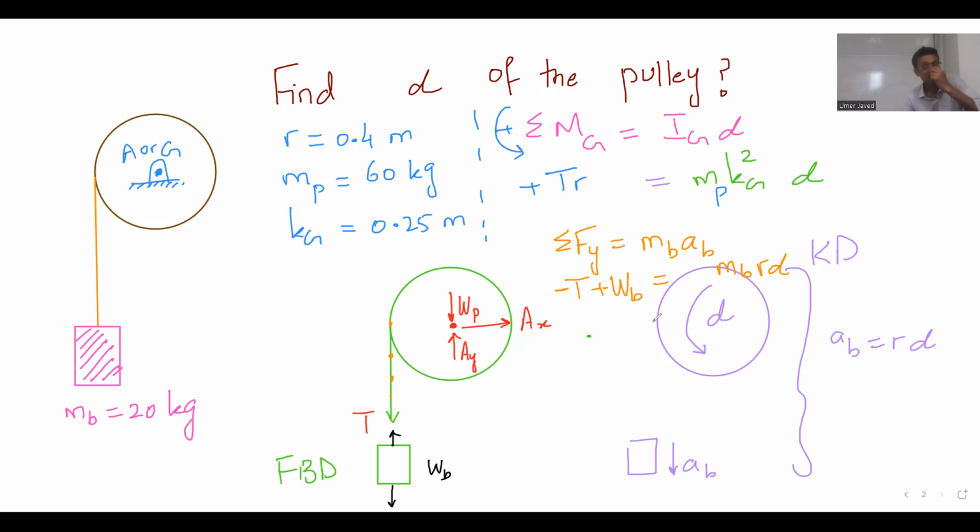So from here, you need to give me the value from two equations and two unknowns. Do it.